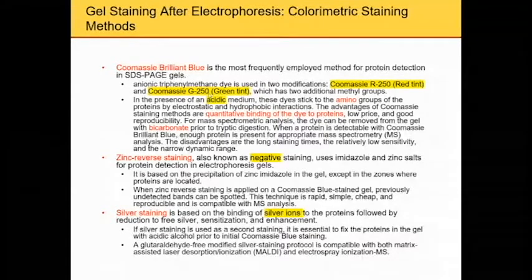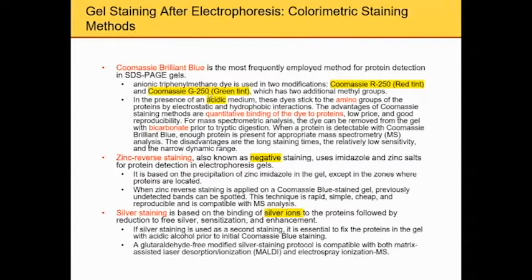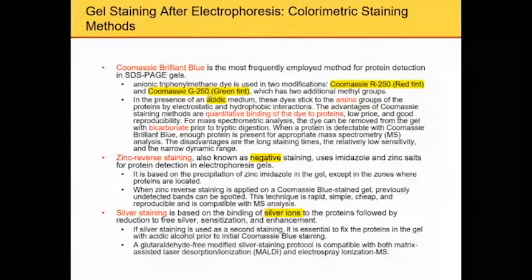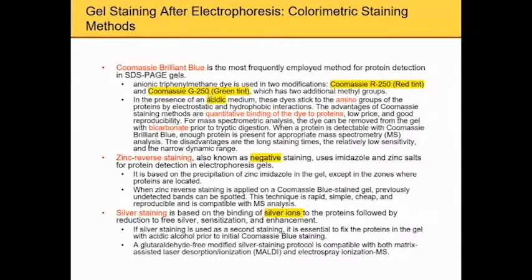After the gel electrophoresis, we remove the SDS gel and then incubate in the presence of acetic acid, then you can add the Coomassie either R250 or G250. Then those dyes will bind to the amino group of the protein. And they bind the protein quantitatively. So the more protein you have, the more dye will bind to the protein, and then you will see an even heavier band.